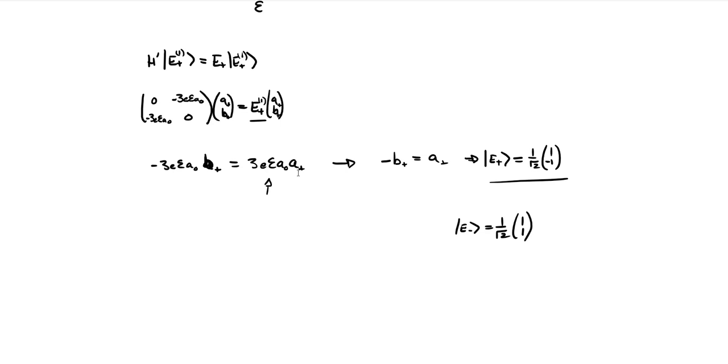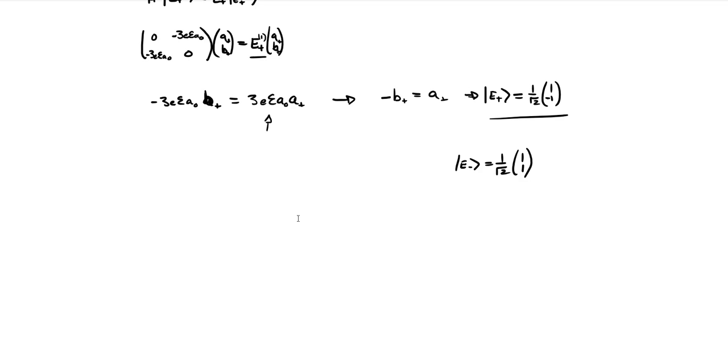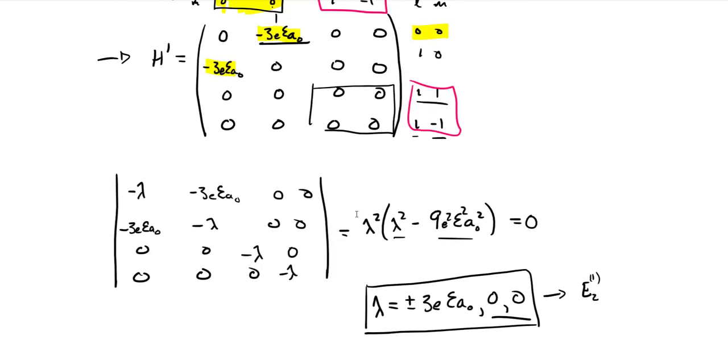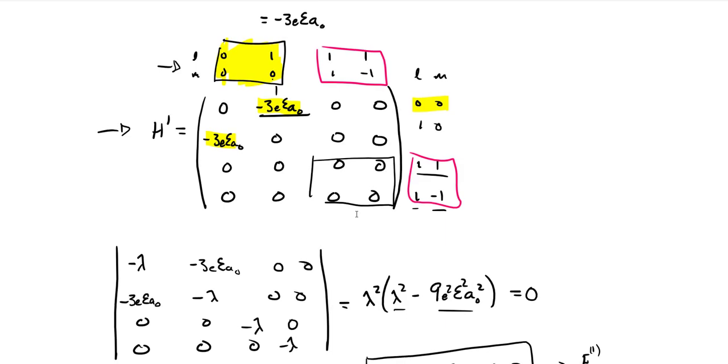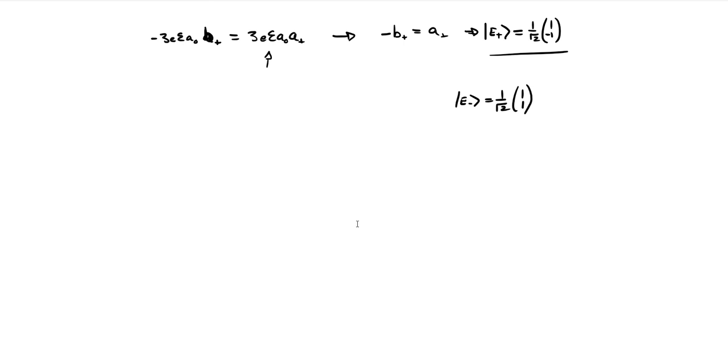So going back to here, writing these using the actual basis states that we wrote our Hamiltonian in, this means that the state that goes up, that E plus state, is 1/√2 of |2,0,0> minus |2,1,0>.